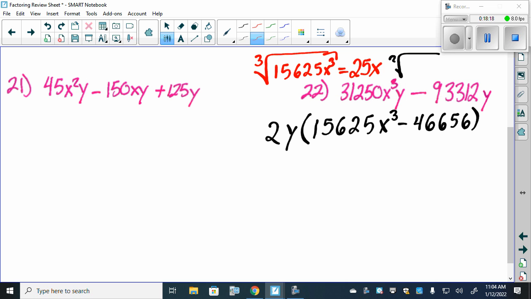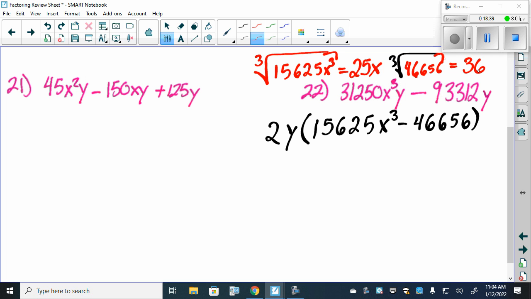So we can go on and take the cubed root of 46,656. And if we do that, we get 36. So we do have the difference of perfect cubes here.